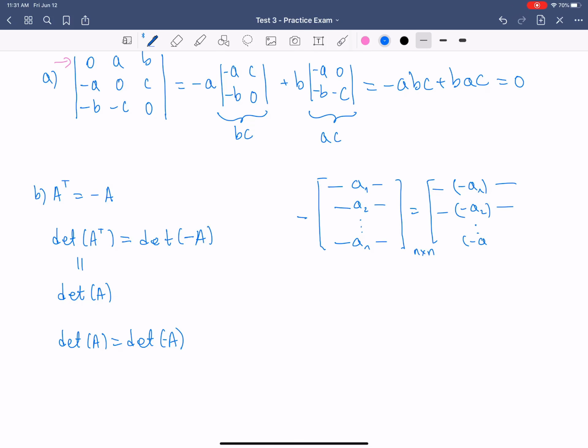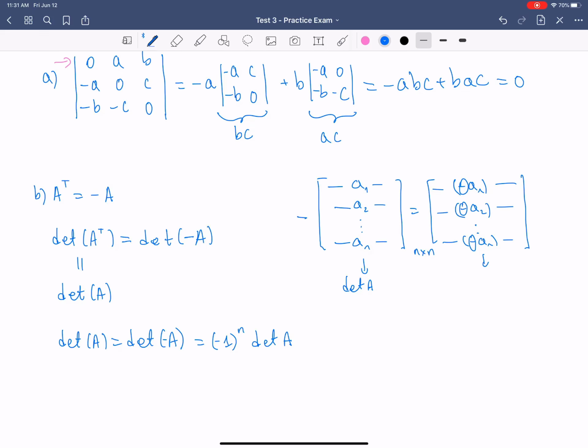All the way to minus AN there. What do these minuses do to the determinant? This one is obviously the determinant of A, but when I'm computing the determinant, all of these minuses factor out. So the determinant of negative A is minus 1 to the power of n times the determinant of A.